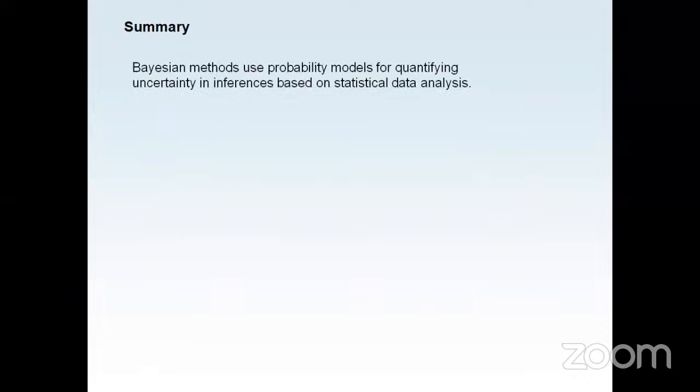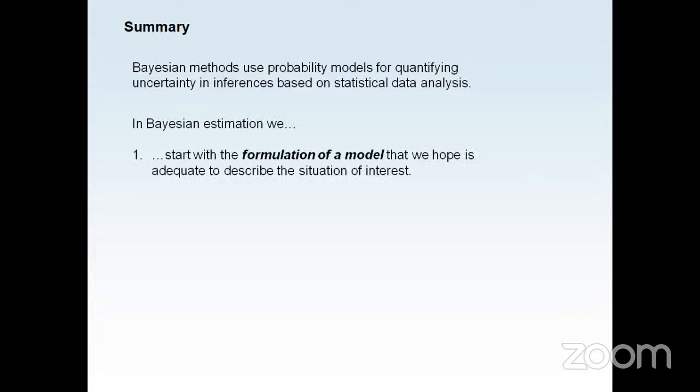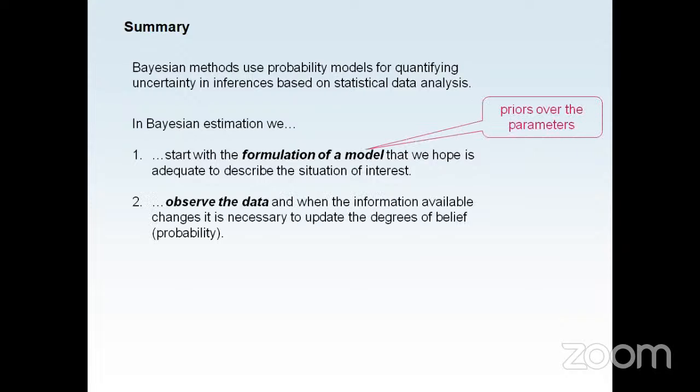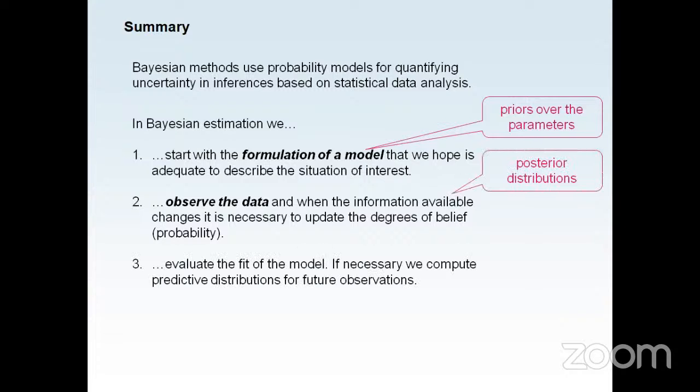Bayesian methods use probability models for quantifying uncertainty in inferences based on statistical data. In Bayesian estimation, we start with the formulation of a model that we hope is adequate to describe the situation of interest, and observe the data. When the information available changes, it is necessary to update the degrees of belief, that is probability, and evaluate the fit of the model.